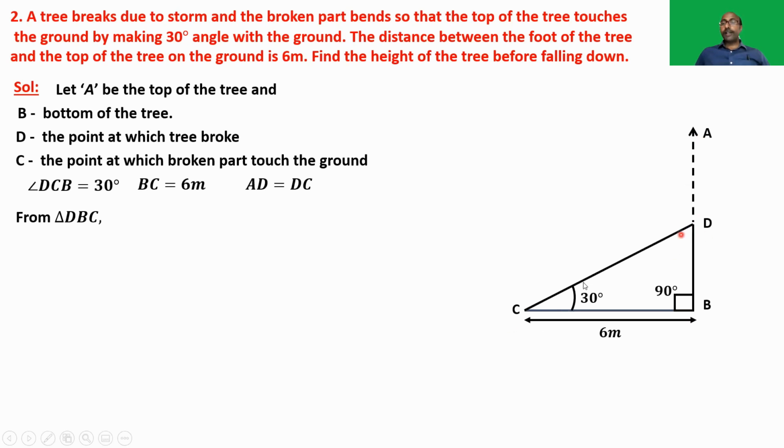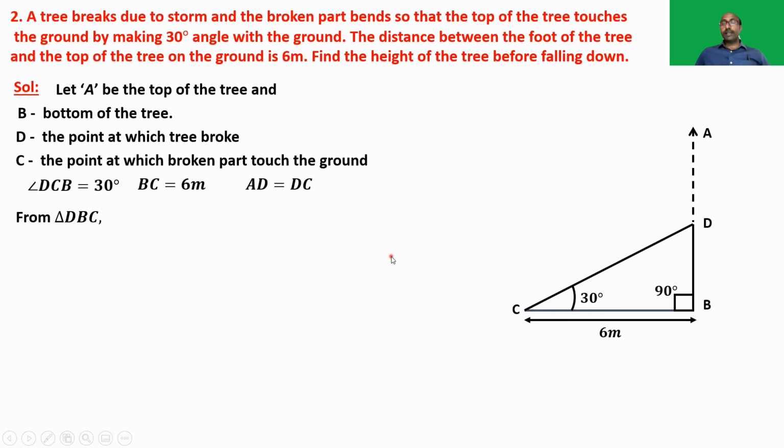So we have to find both DC and DB. DC is the hypotenuse of this triangle. DB is the opposite side with respect to the angle C, which we know is 30 degrees. Now we have to find both opposite and hypotenuse.